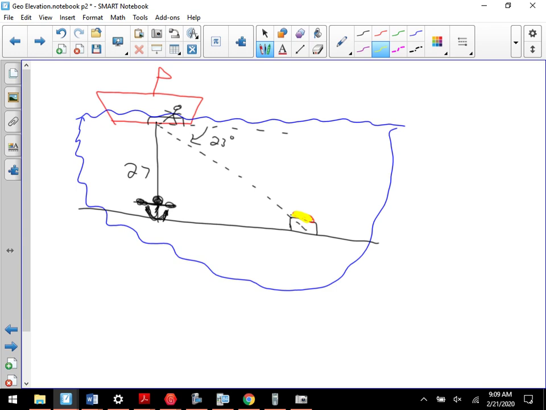So the question is, how far is the buried treasure from directly underneath the boat? We're trying to figure out how far this is from the anchor.